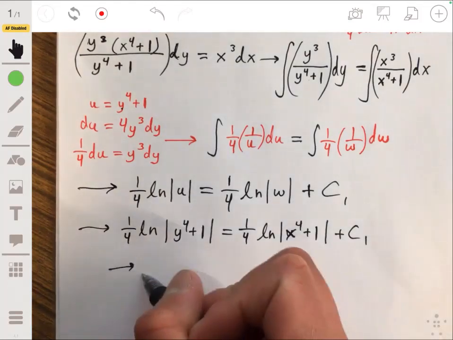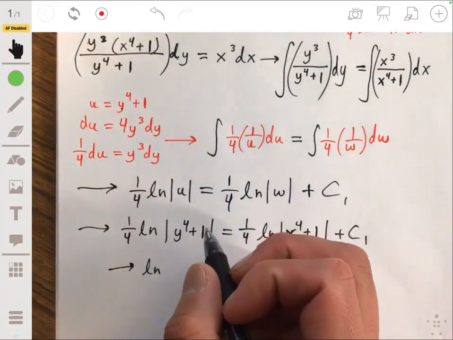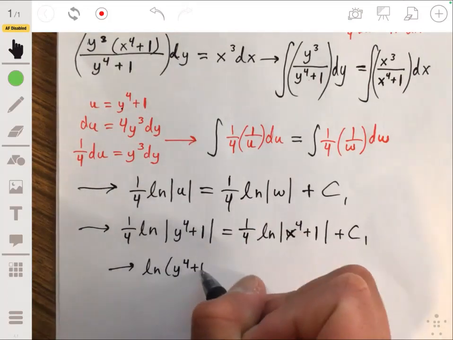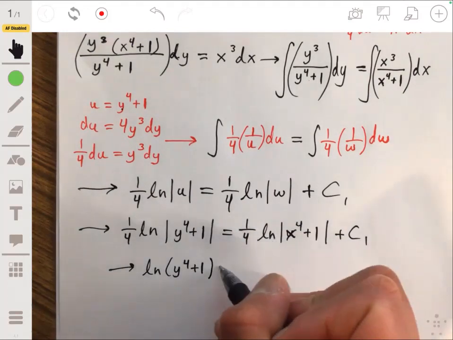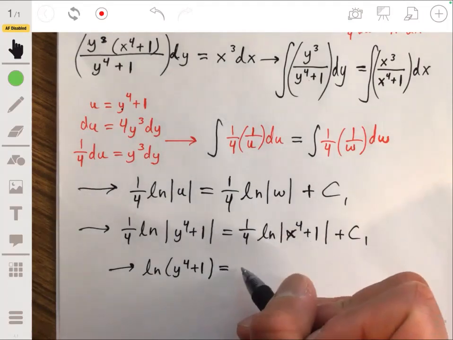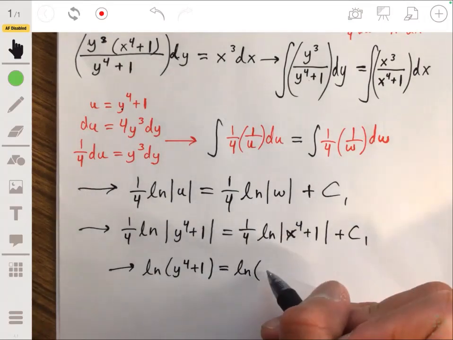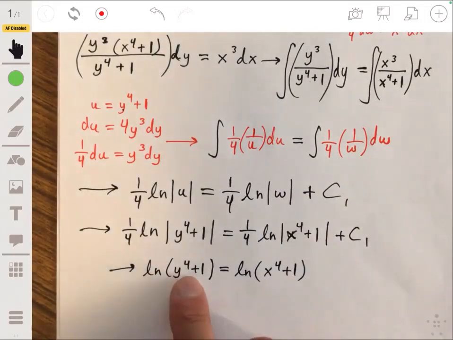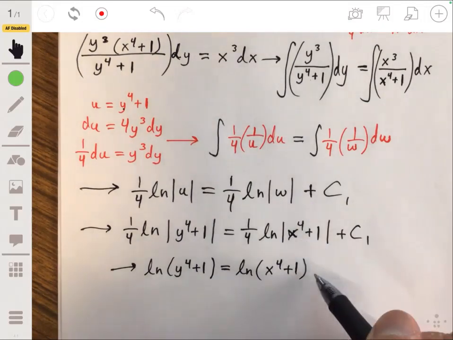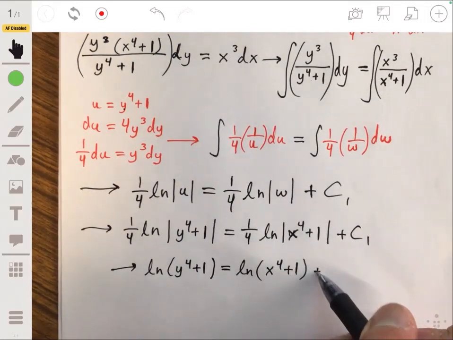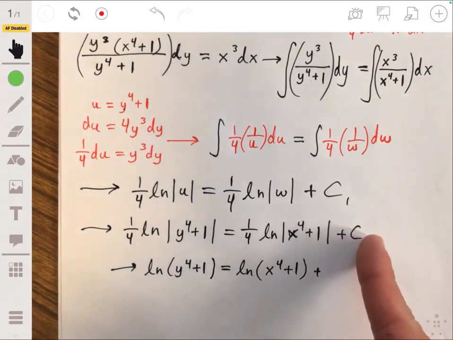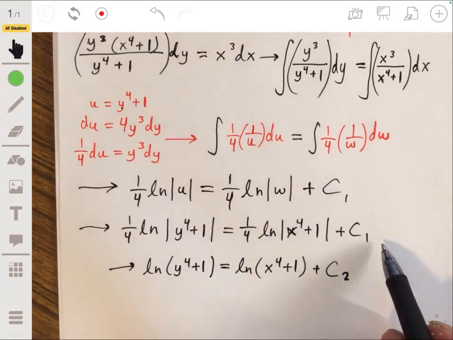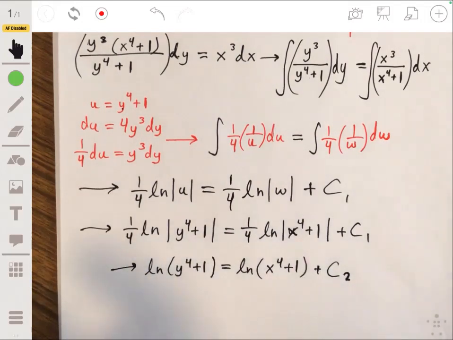You would then get the natural log of y to the 4th plus 1 equal to the natural log of x to the 4th plus 1. We can omit the absolute value symbols because anything to the 4th will be positive. And then the constant will be 4 times C1, or we'll just call it C2. We'll have it be a different constant. It's not really going to be an issue.